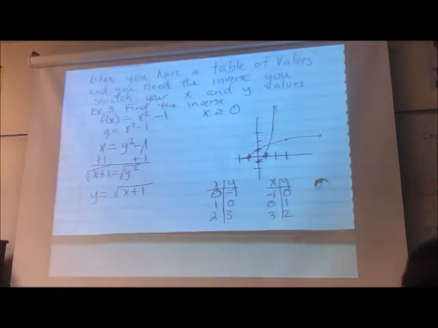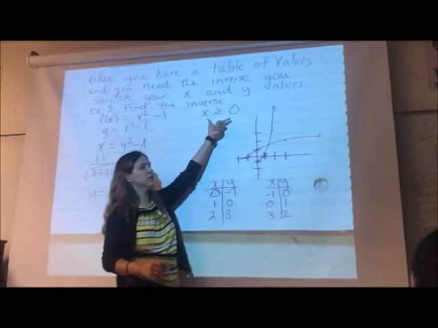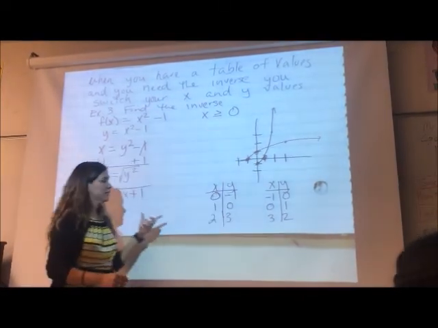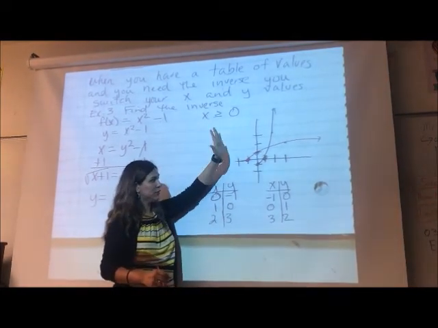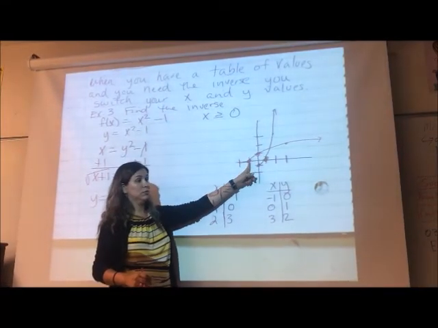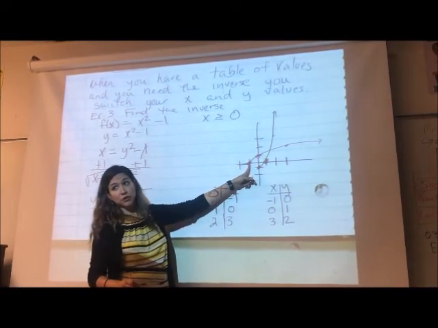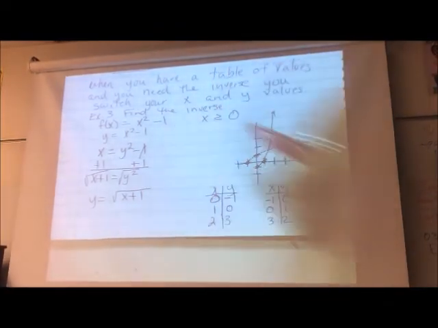So this might be easy, but now I still have to give a condition like this. Does this graph start with x is greater than 0, or where does it start? X is greater than or equal to who? Negative 1. So that is the only thing that we need to be careful.